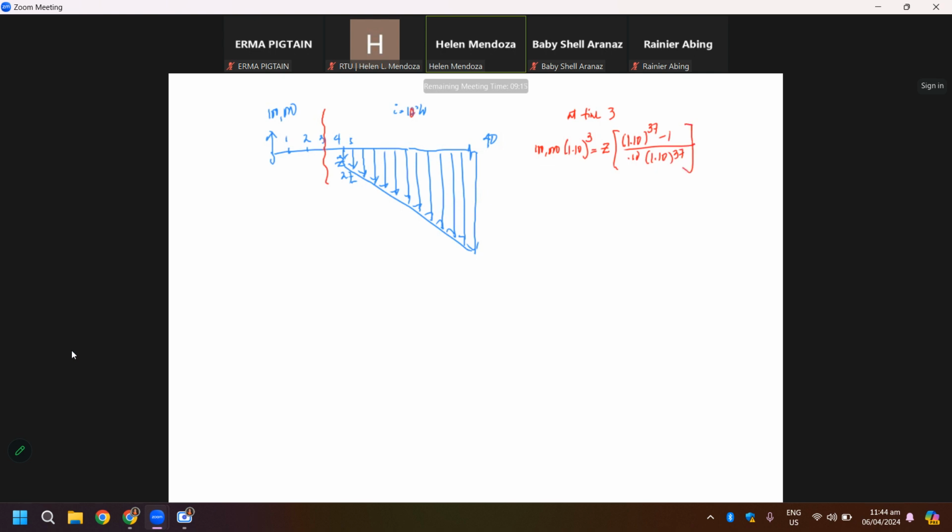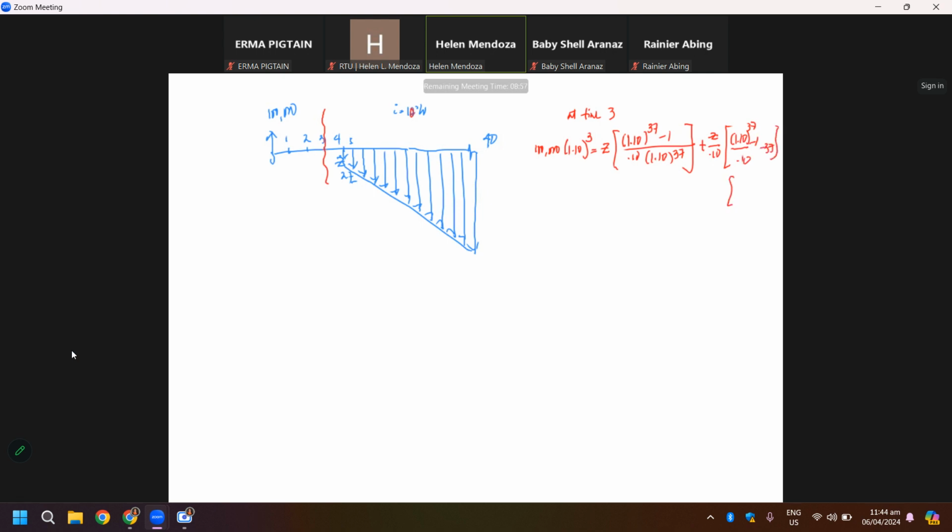So, increasing, so plus Z over 0.1, 1.1 raised to 37 minus 1 divided by 0.1 minus 37.